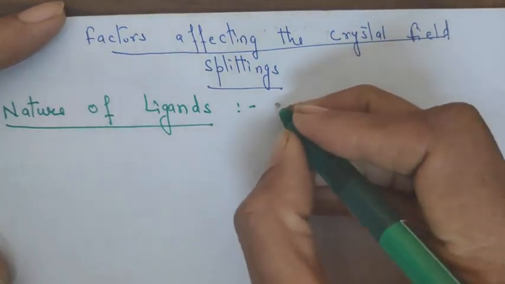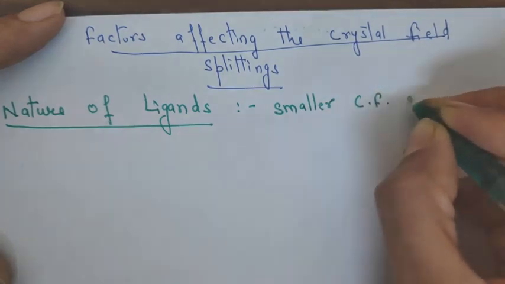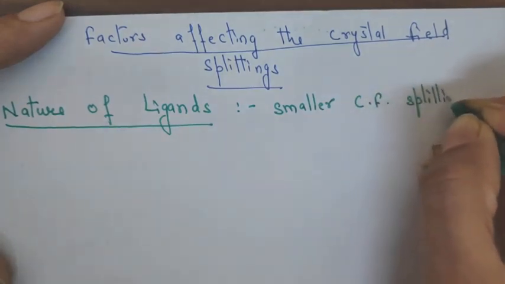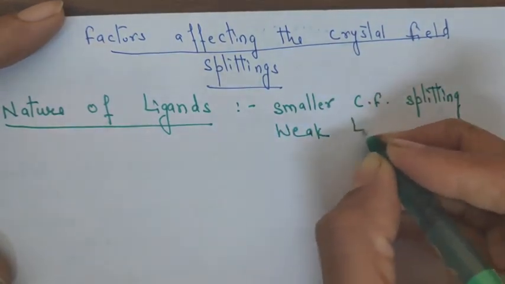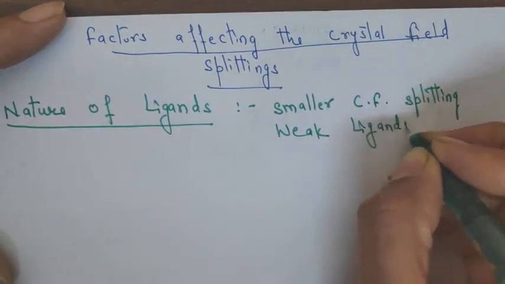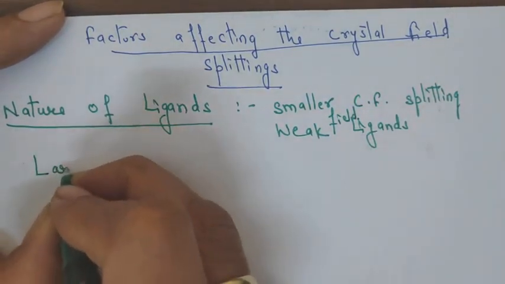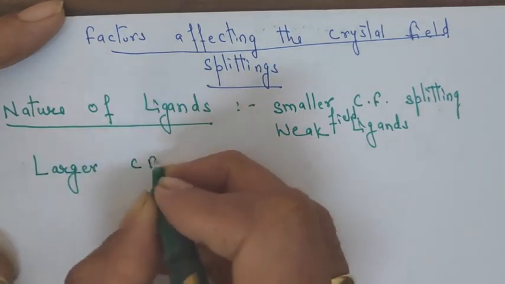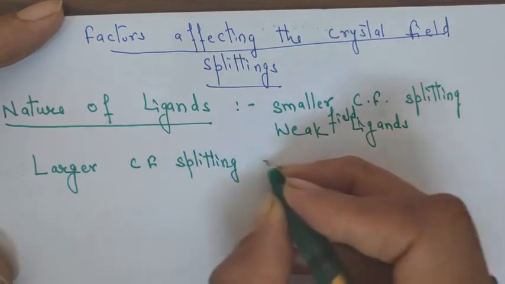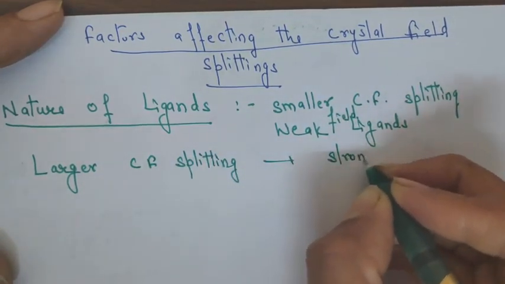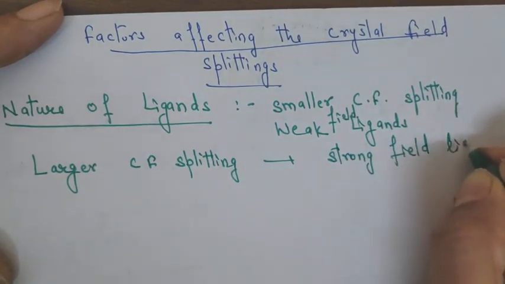The ligands which cause smaller crystal field splitting are called weak field ligands, and the ligands which cause larger crystal field splitting are called strong field ligands.